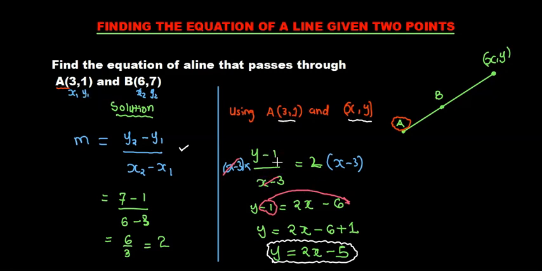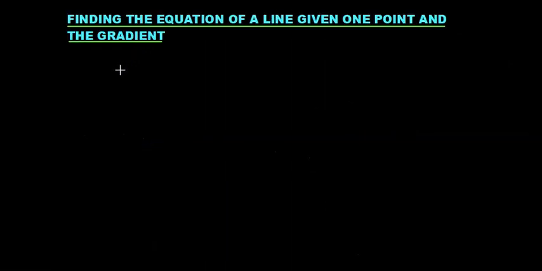But if you work out that gradient, it will be the same gradient because all these points are on a straight line. We need also to find the equation of a straight line when you are given 1 point and the gradient. I'm giving an example.